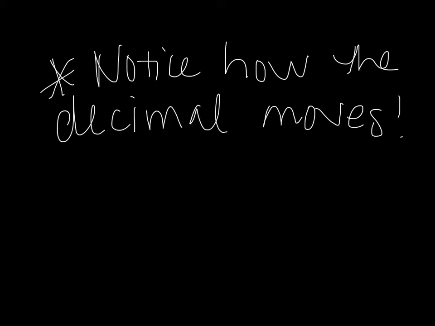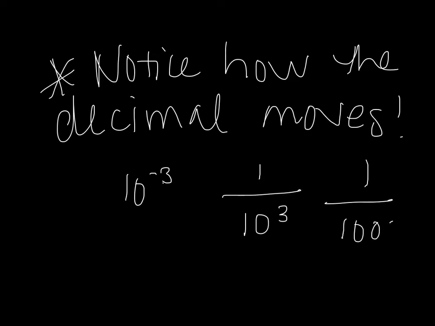Okay, and again I want to remind you too, if I have 10 to the negative, let's do 3. 10 to the negative 3 power, I would just do 1 over 10 to the third power, and 10 to the third power is 1 over 1,000. So it's a 1 with 3 zeros.